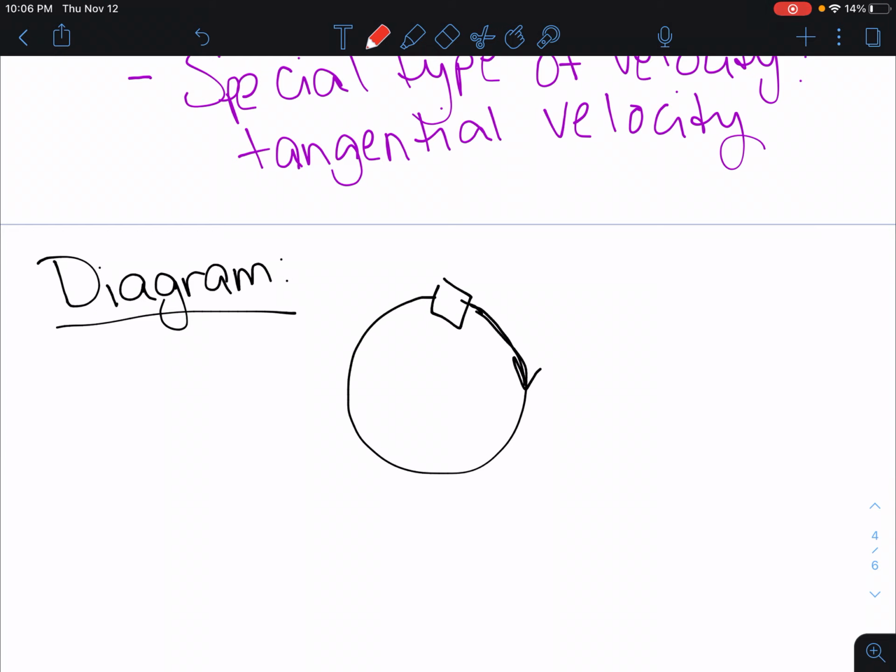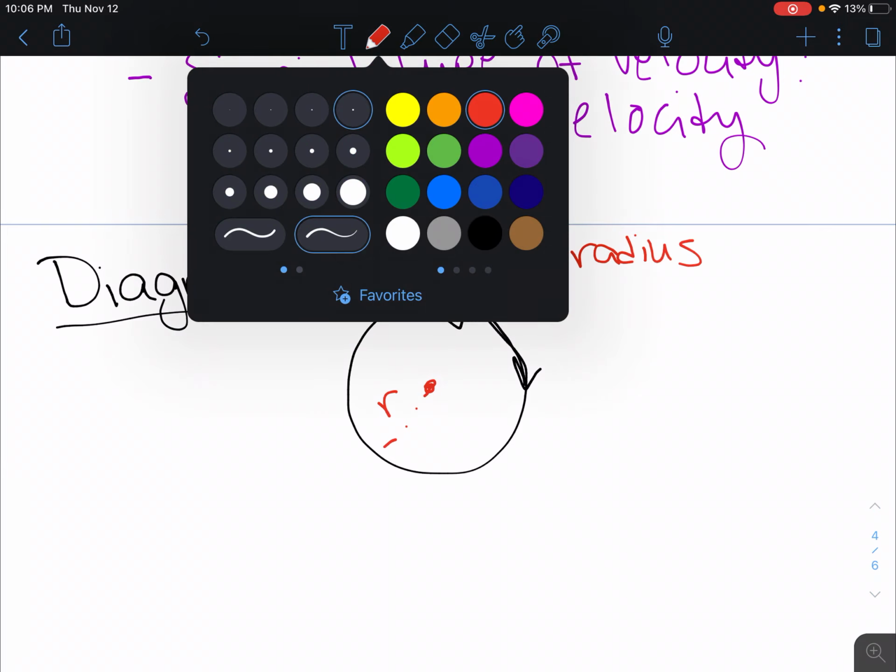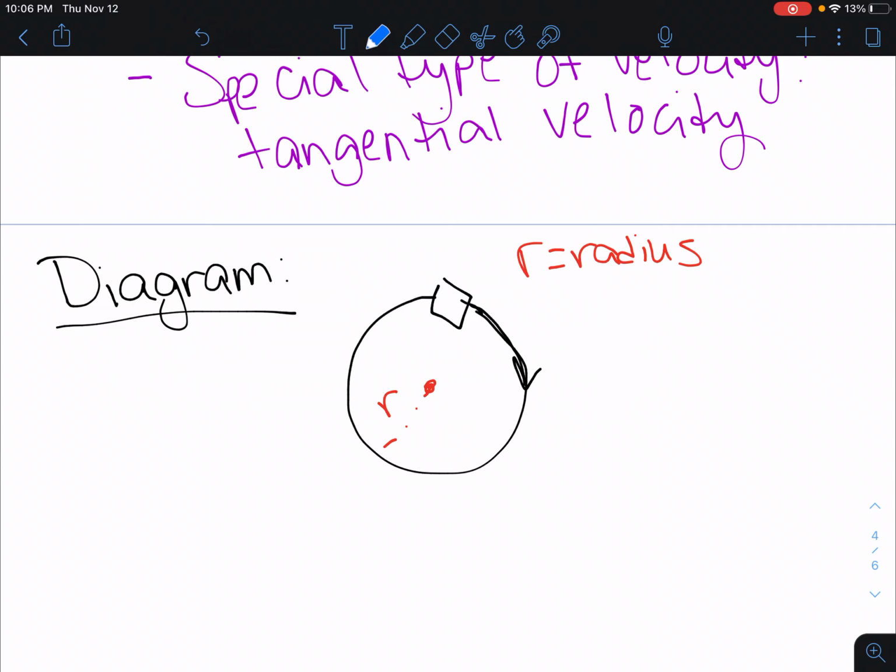So centripetal acceleration, I said centripetal means center seeking. So I forgot a step. Let's draw in a radius here. Okay, so our circle has a radius R. And centripetal acceleration, well, that means a center-seeking acceleration.